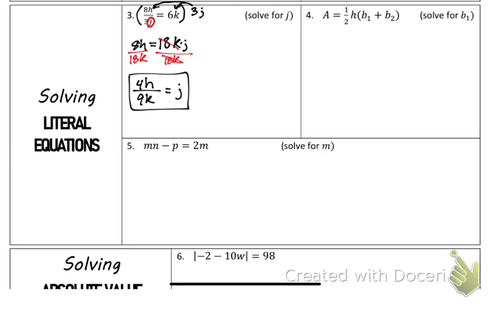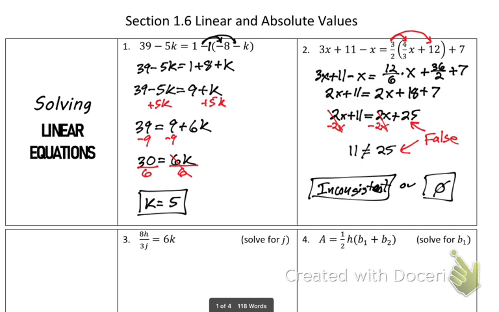All right, the next thing I want to talk about is this one, and I'm going to juxtapose it next to number 2. Number 2 has more than just the parenthesis on this side. It also has a +7. So that's why I chose to distribute this.